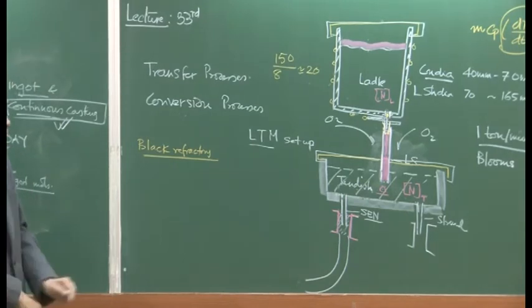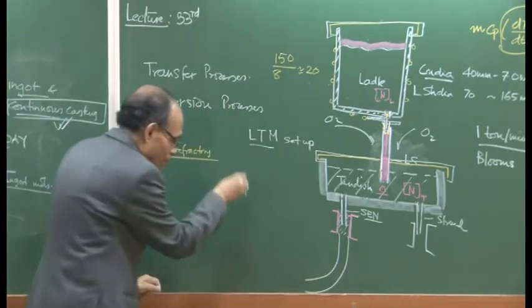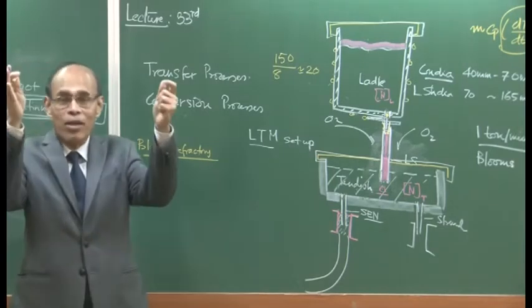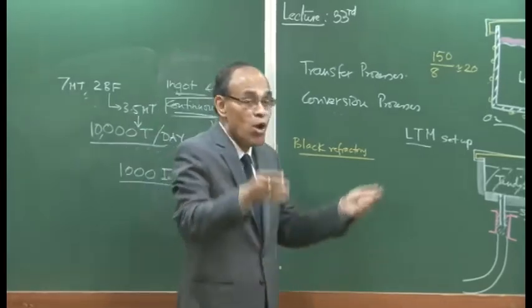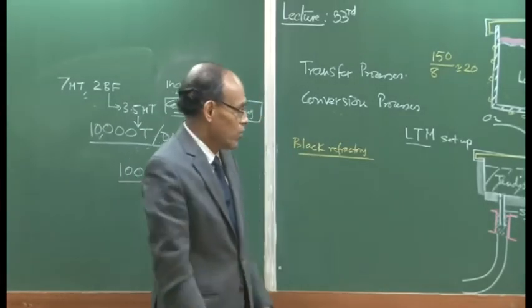So you will be chopping them off at regular intervals. You will have a first slab, second slab, third slab, and so on as a function of time, or first bloom, second bloom, third bloom, and so on.